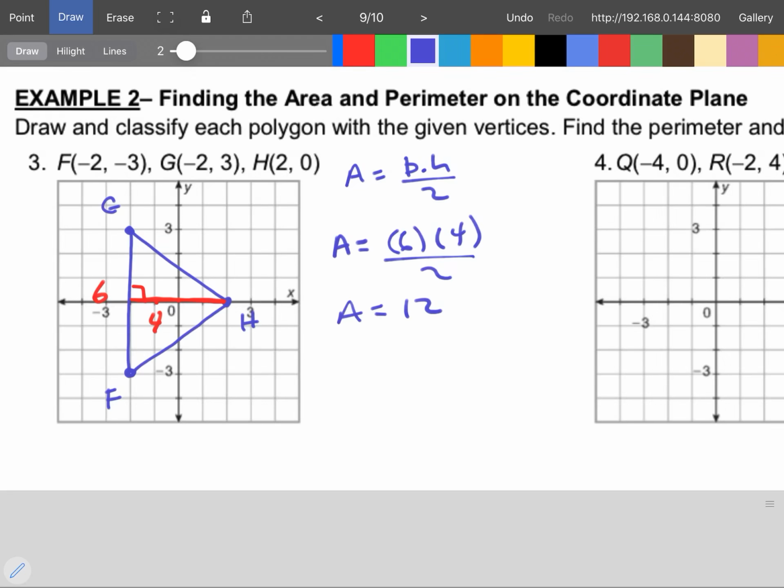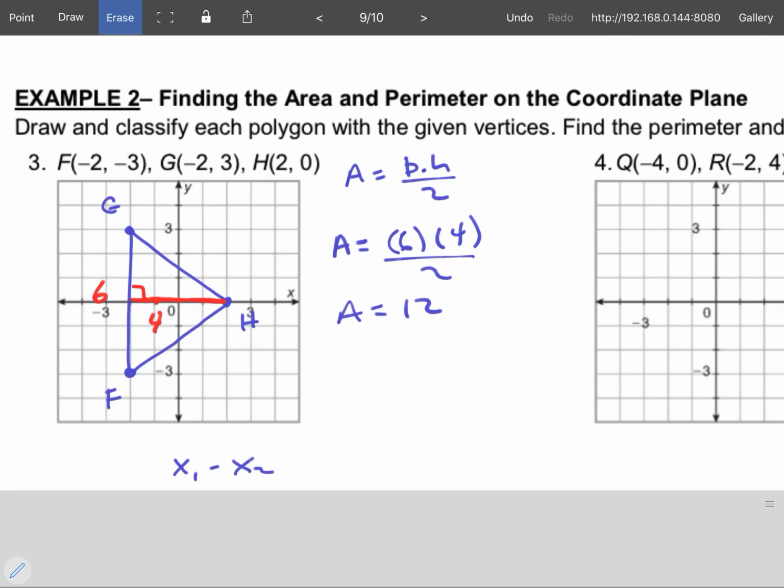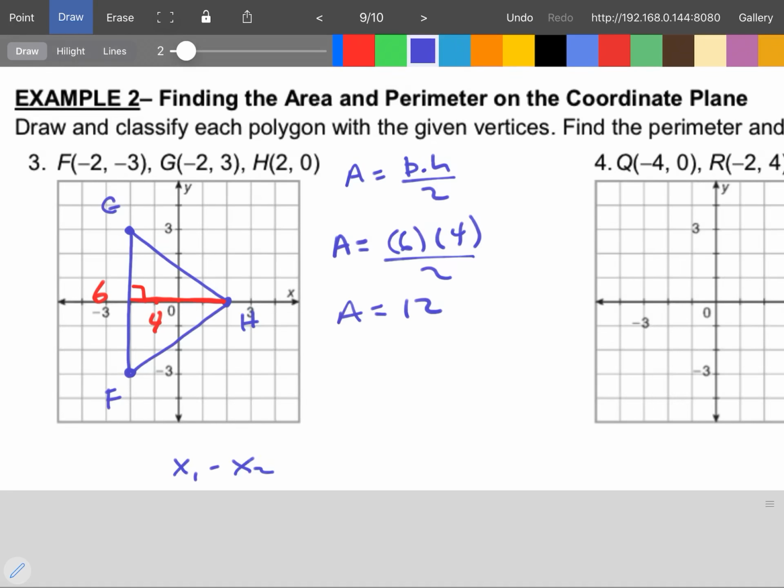To get the distance, you subtract the x's and you subtract the y's. And then you square both of those quantities, and then you add them together and you take the square root. So you could use that thing.